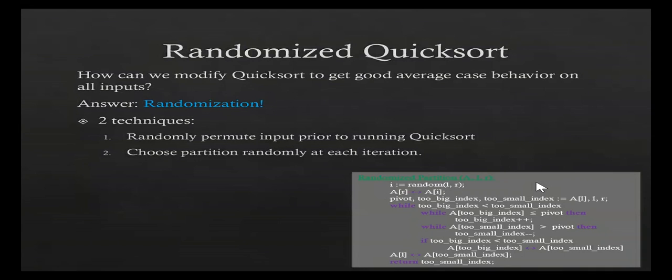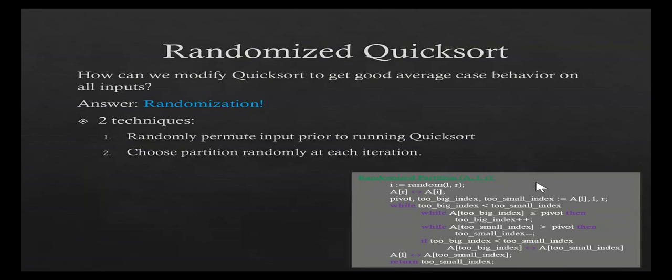Another way, we can follow the randomized concept. What is the randomized concept? We have a question: how can we modify quicksort to get good average case behavior on all inputs, instead of worst case scenarios?